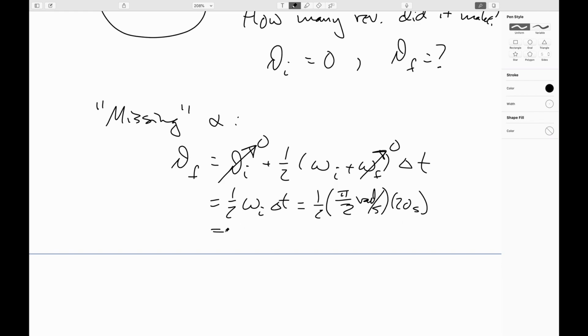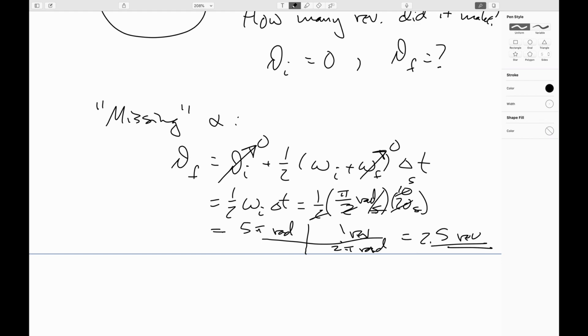So that's all well and good, but then we can work with that to get, let's see, this 2 cancels that, that's 10, cancels that, that's 5. And seconds cancel. So we get 5 pi rad, but they asked for revolutions. So we'll have to unit convert. And we remember that there are 2 pi rad in a revolution. So the pi's cancel, we get 5 halves, or 2.5 revolutions.